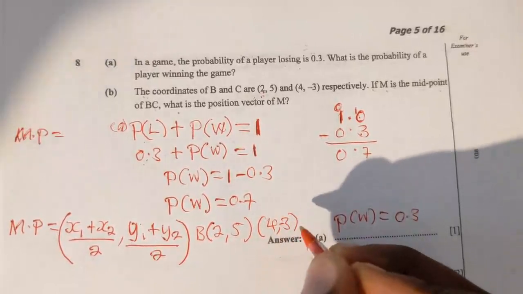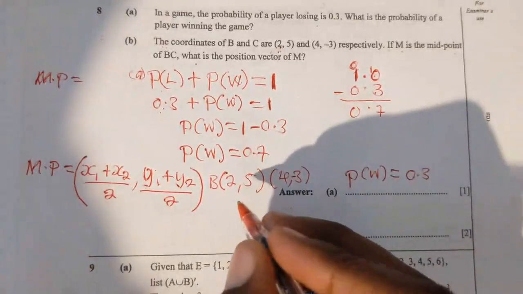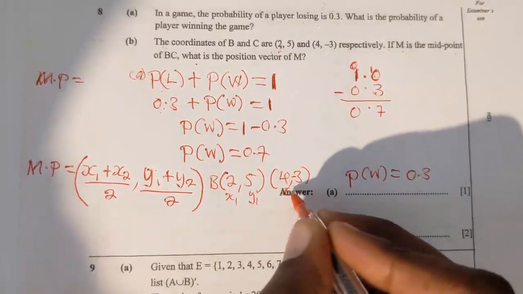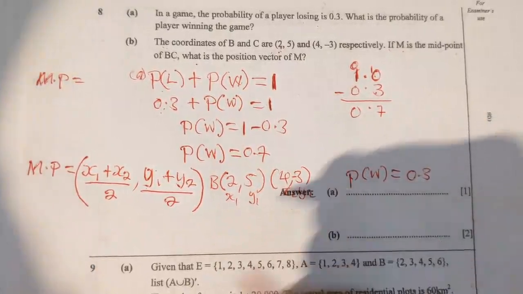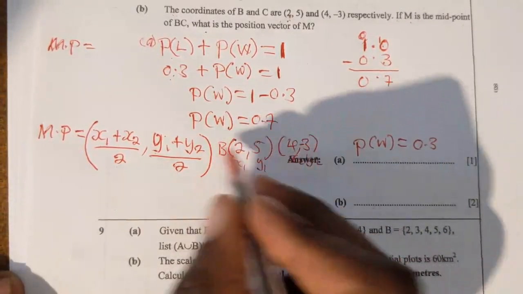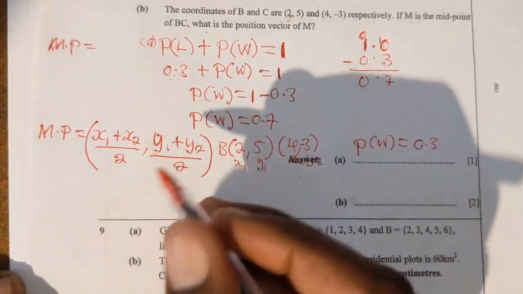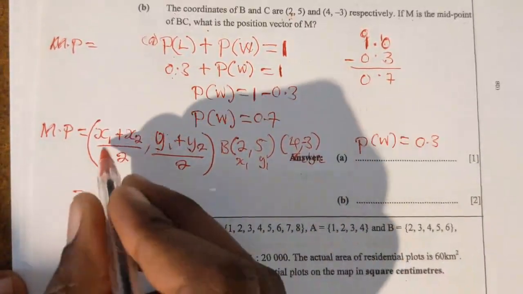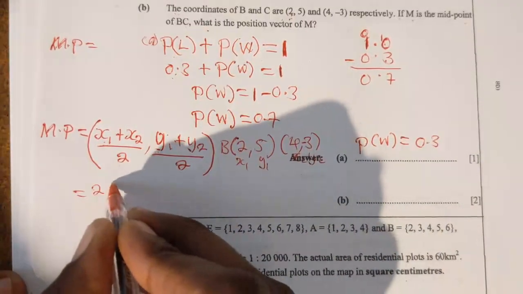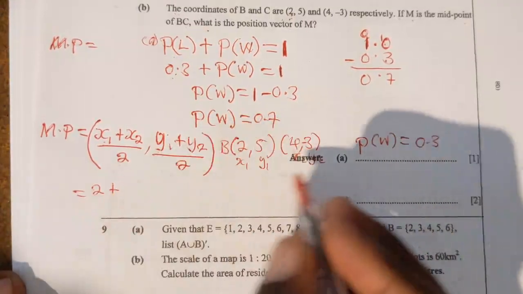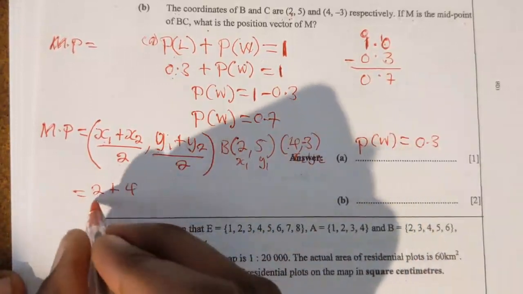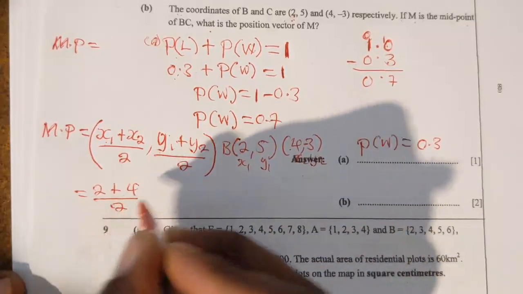So these are x1, y1, x2, y2. What is our x1? x1 is 2 plus x2, which is 4, so that's 4 over 2.